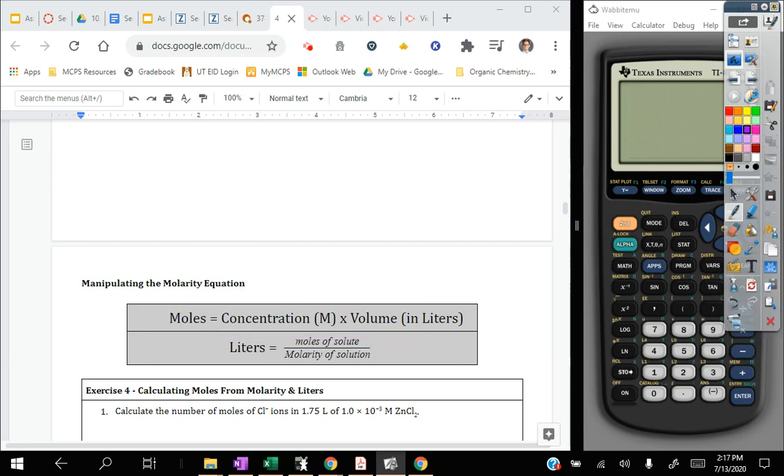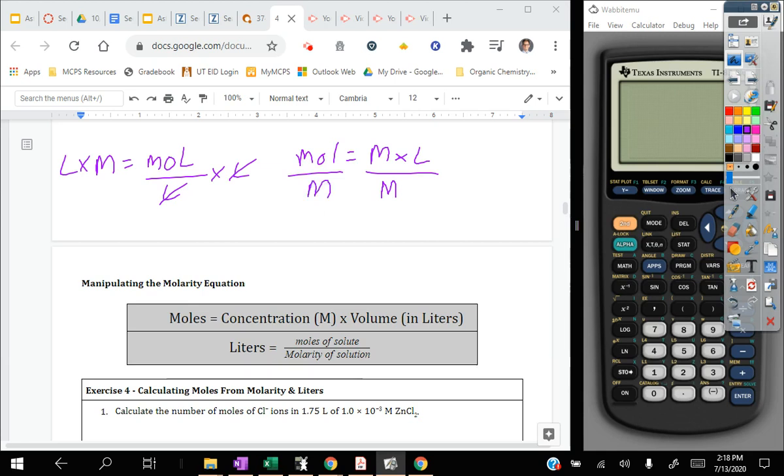The other way we can figure out, say, the liters, is starting off the same way, multiplying both sides by liters, and then rearranging to solve for liters by itself. If I want liters by itself, I need to divide both sides by the molarity.